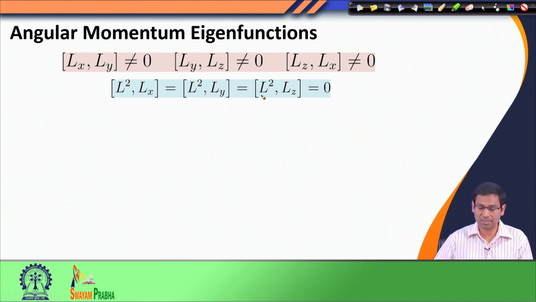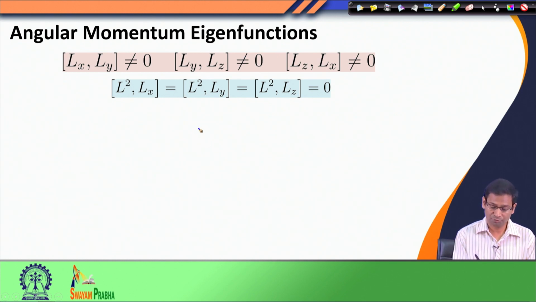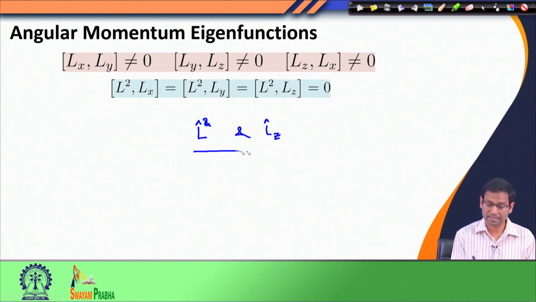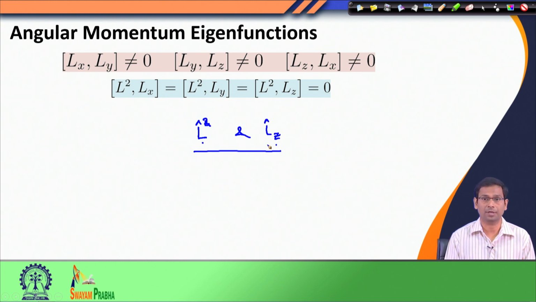Now, since L square and Lz commute, we try to find the eigenfunctions of the L square operator and the Lz operator. In fact, we will try to find the set of eigenfunctions which are simultaneously eigenfunctions of the L square operator and the Lz operator.